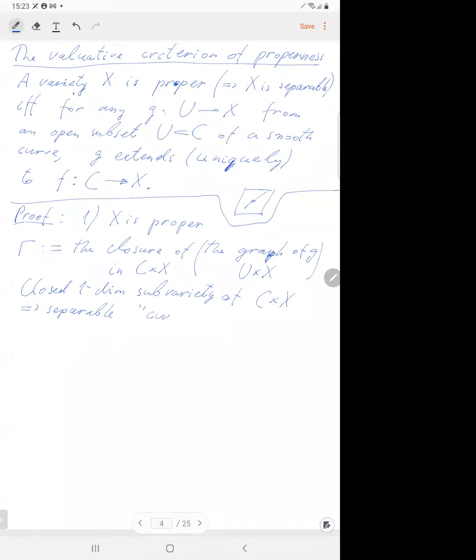So in other words, it's a curve in our terminology.